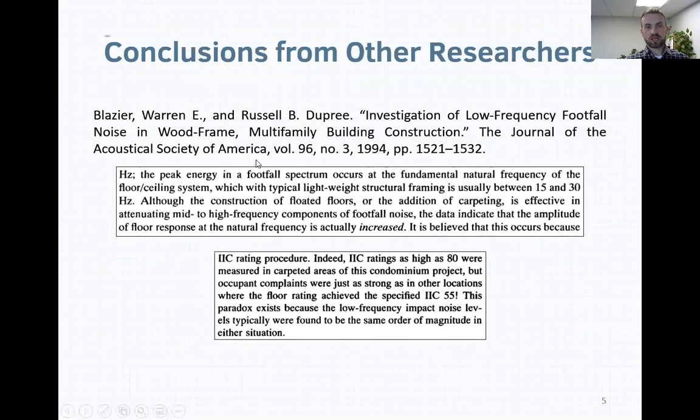And what they were finding, you can kind of see in some of their results here, is that although the construction of floated floors or the addition of carpeting is effective in attenuating mid and high frequency components, which we certainly see in our IIC ratings, our IIC ratings are always better at mid and high frequencies for footfall noise when we put a carpet on the floor, the data indicate that the amplitude of the floor response at the natural frequency of the structure is actually increased with the carpet.